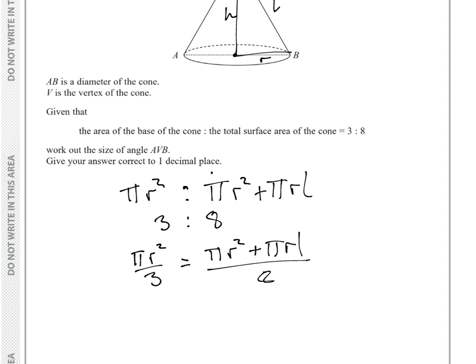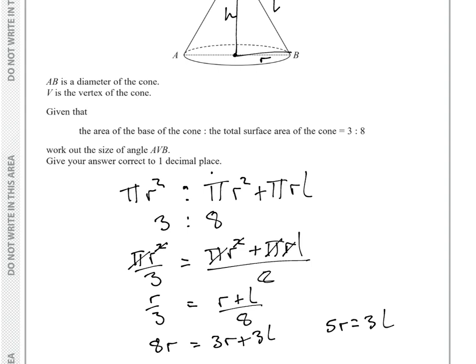We've got pi, we divide everything by pi, we can actually divide everything by r. So we're left with r over 3 equals r plus l over 8. So I'm going to get 8r equals 3r plus 3l. So I get 5r equals 3l. So I'm going to get l equals 5r over 3.